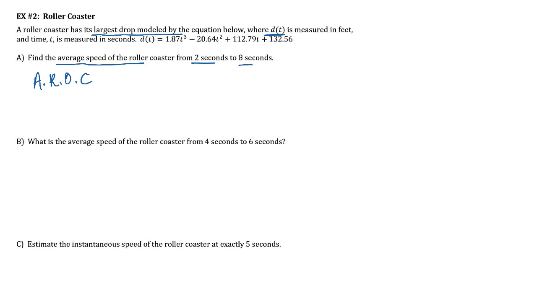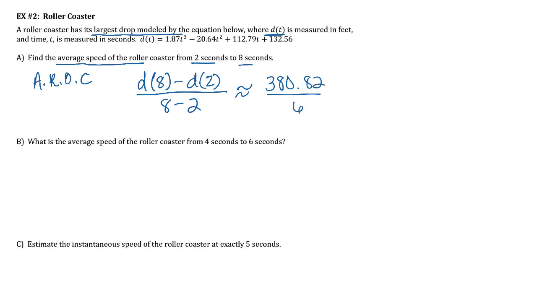And so we're going to look at d at 8 minus d at 2, and that's all over 8 minus 2. So we would need to get our calculators, and we would get here a close approximation should be 380.82 over 6, and we're going to leave it just like that. You don't have to do a lot of simplifying here, and do keep in mind that our units would be feet per second.